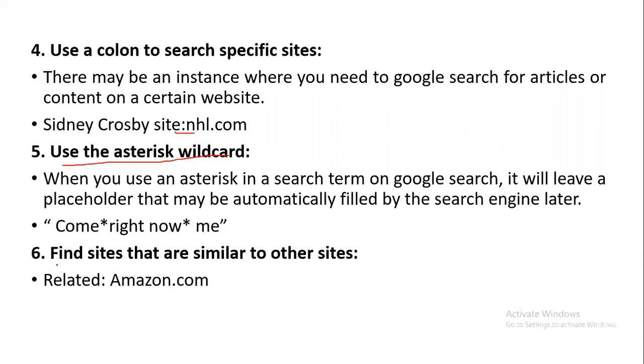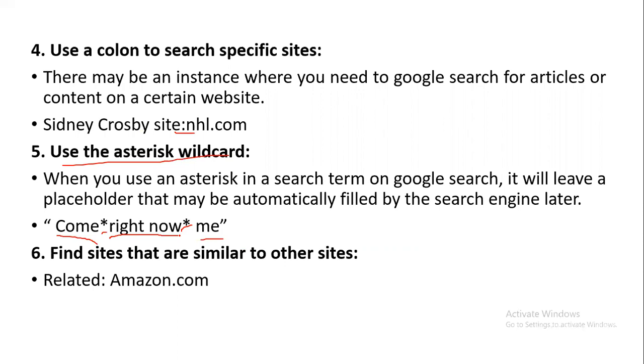I will write the first thing that I know, then an asterisk, and then the last thing that I know about that sentence, and then I will search it on Google. Google will give me all the possible words that can come between these two asterisks. So now I can find my complete sentence on Google.